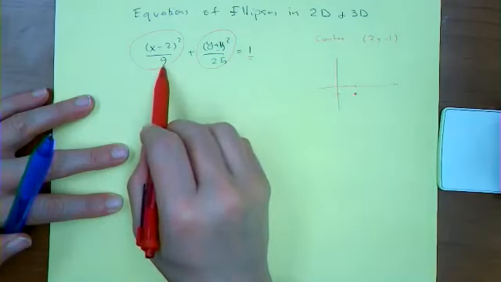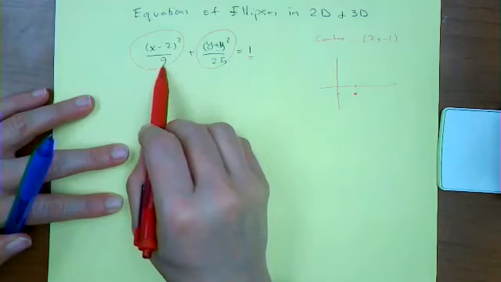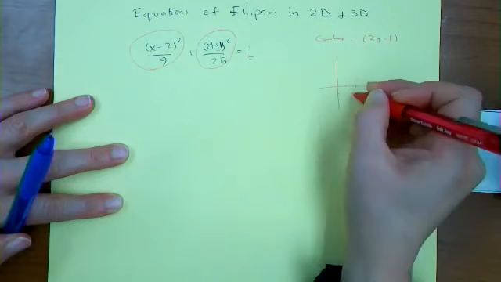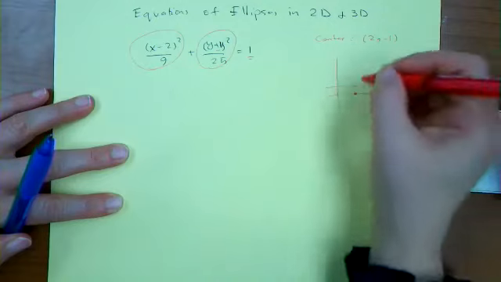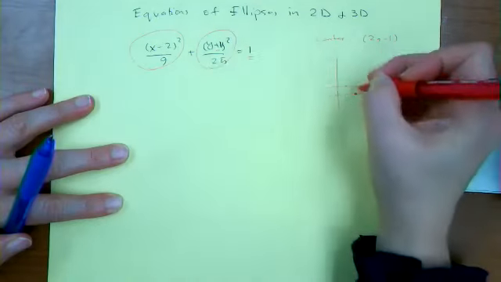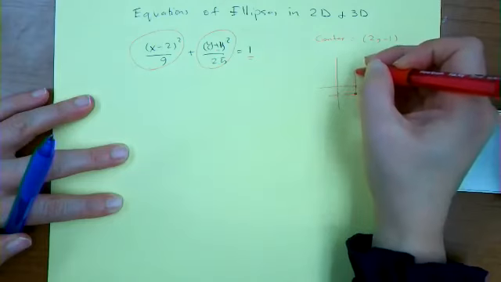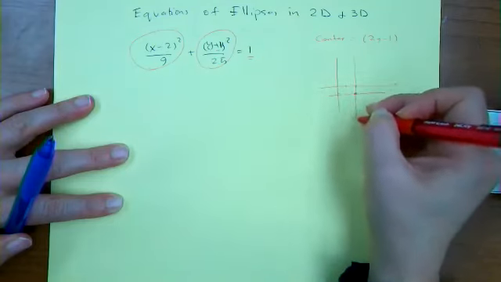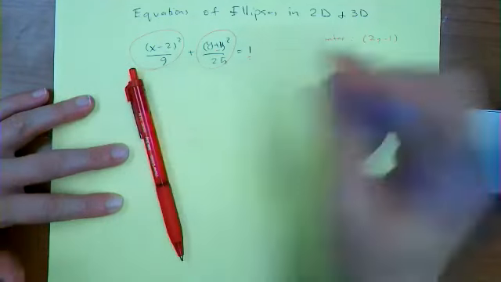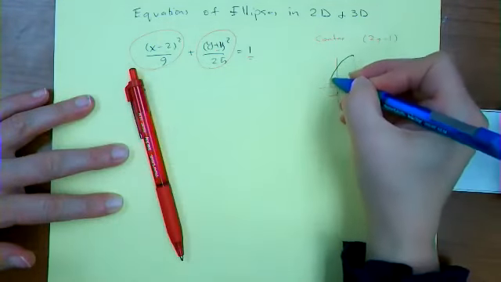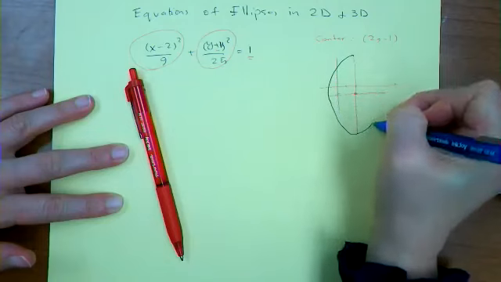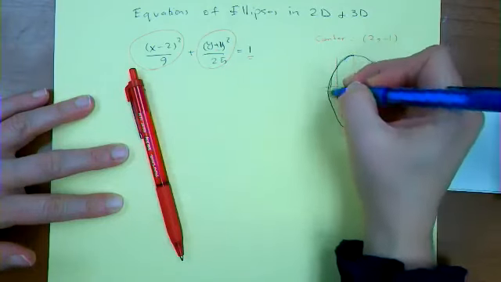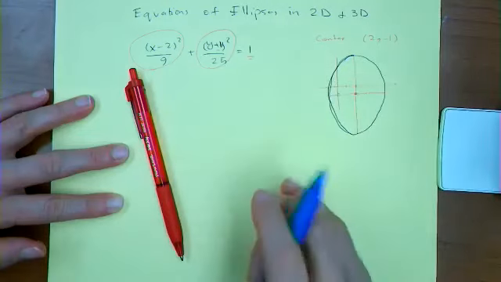Then in the x direction, 3 to each side, and in the y direction, 5 to each side. And so this is how this ellipse approximately looks. It doesn't look very ellipsy at the moment, but you get the point.